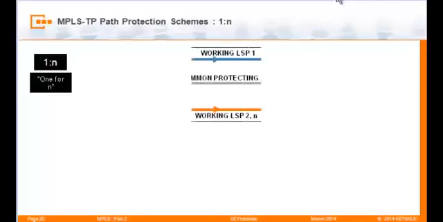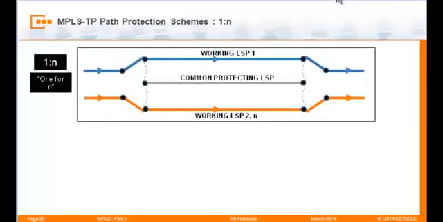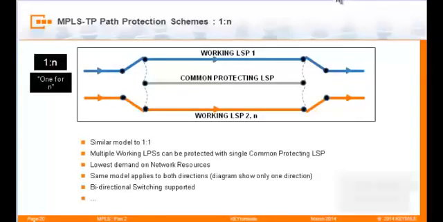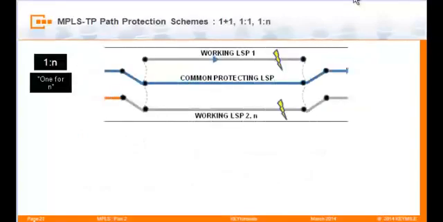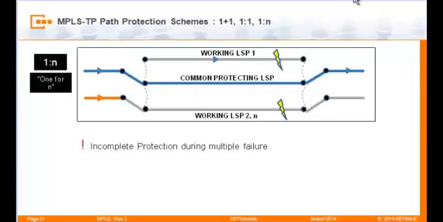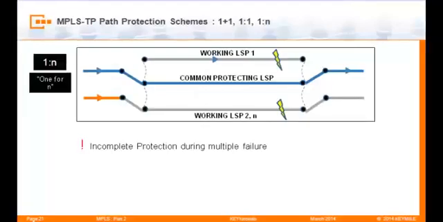This is designed around a shared protecting path. Two or more working paths share a single path for use when one of the working paths fails. Relatively, this is the most efficient use of resources that provides a protection path, but it's clearly the one with the greatest risk as it can't handle the failure of two working paths.